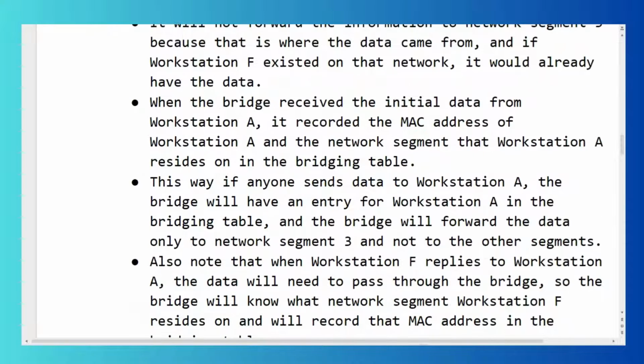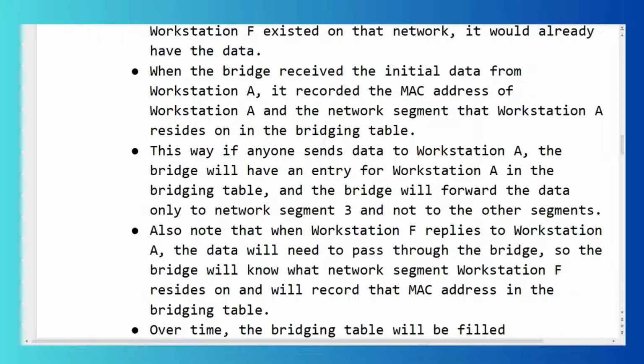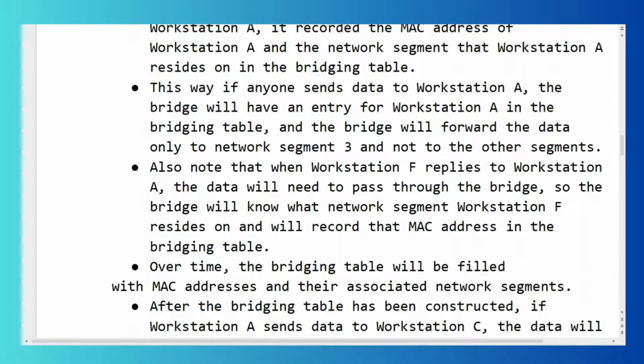Also note that when workstation F replies to workstation A, the data will need to pass through the bridge, so the bridge will know what network segment workstation F resides on and will record that MAC address in the bridging table.